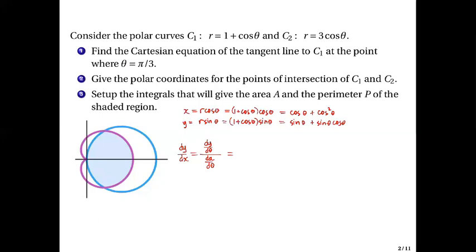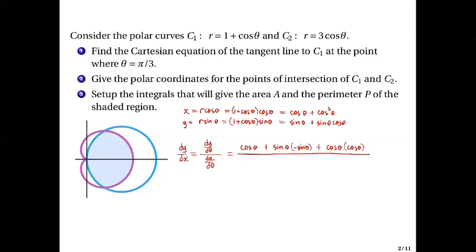So for dy over d theta, we have cosine theta plus, and then we apply the product rule here. We have left, so sine theta, times the derivative of right, that's negative sine theta, plus the right, which is cosine theta, times the derivative of left, which is also cosine theta. So that's for the numerator.